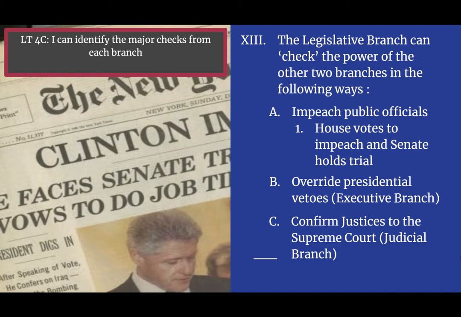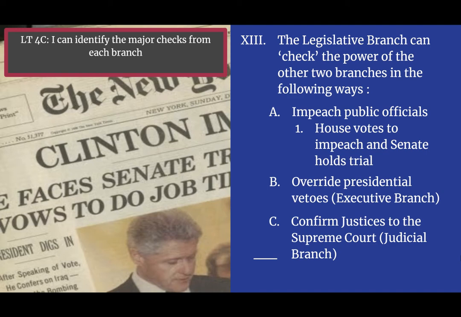They also have the role of confirming the Supreme Court. So this gives a check on the executive as well as the judicial branch, because the executive branch nominates, but the justice has to be confirmed by the Senate. So they have to have a majority of people from both parties to confirm a justice.